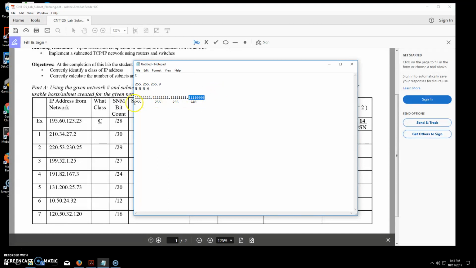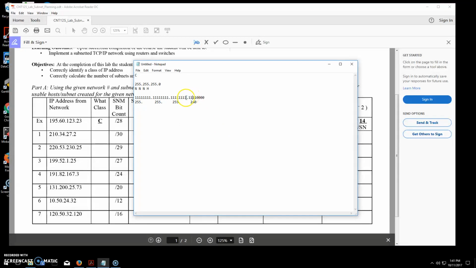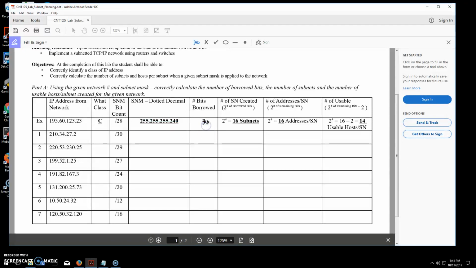So now I recognize that my subnet mask is 255.255.255.240. Hence why I have that filled in for you. Well, with that, I'm now asking you how many bits did they borrow. As I look at that, my normal should have been 255.255.255.0. So these ones right here were the borrowed bits. I see 4 ones are being borrowed. That's where that's coming from.